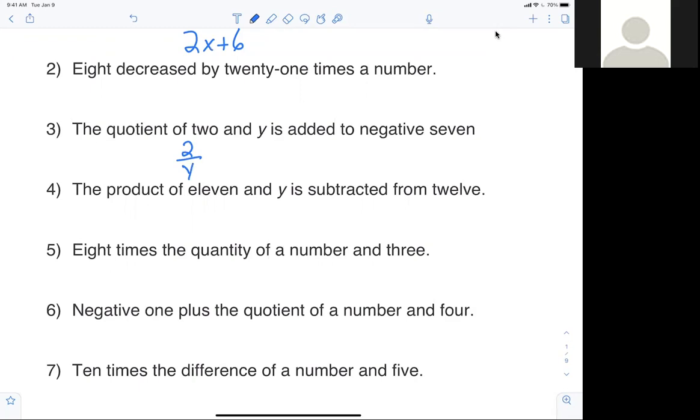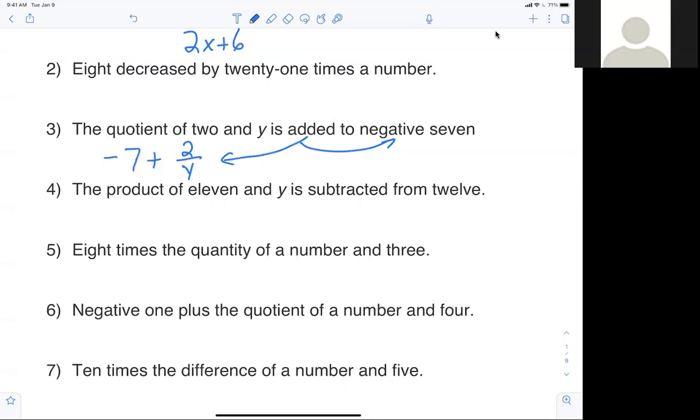I'm starting at this. That's right, because we're adding this to this. All right, so -7 is where we start. Now, if you put 2y minus 7 or 2y plus -7, is it the same thing? Yeah, it's the same thing. I don't want you writing it like that, though.